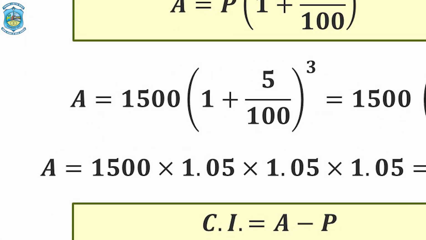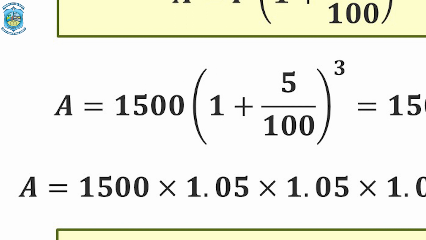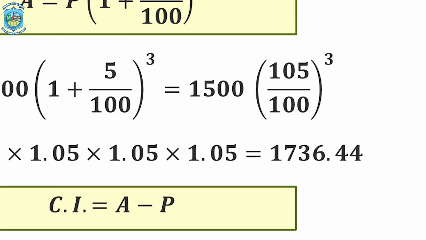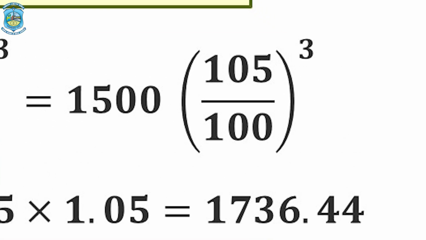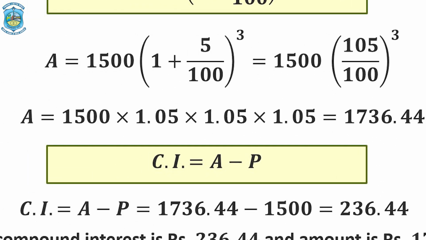Here we substitute the values of P 1500, R 5 and T 3. Now, we simplify this term by taking the LCM within the bracket. We get 105 by 100 to the power T, and the value of 105 by 100 is 1.05.